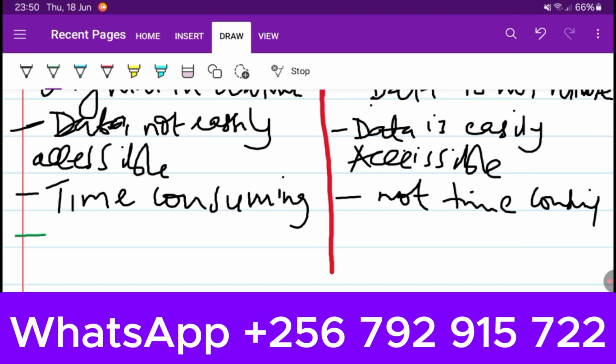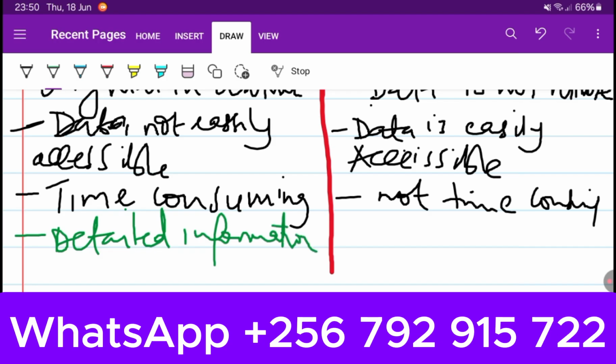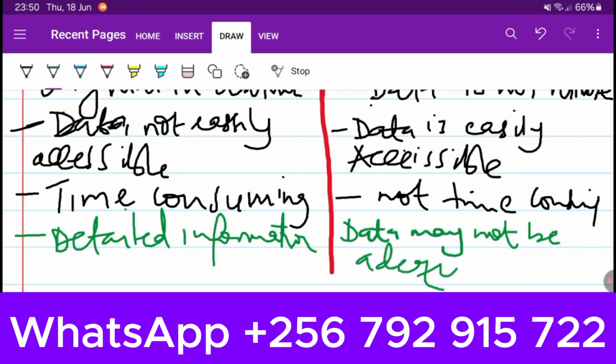Then of course for the primary data, here we get detailed information. Then this side the data may not be adequate, because you are using information that was researched by someone else.